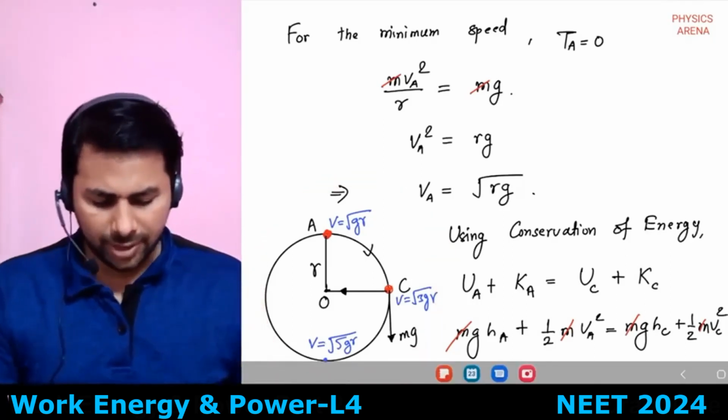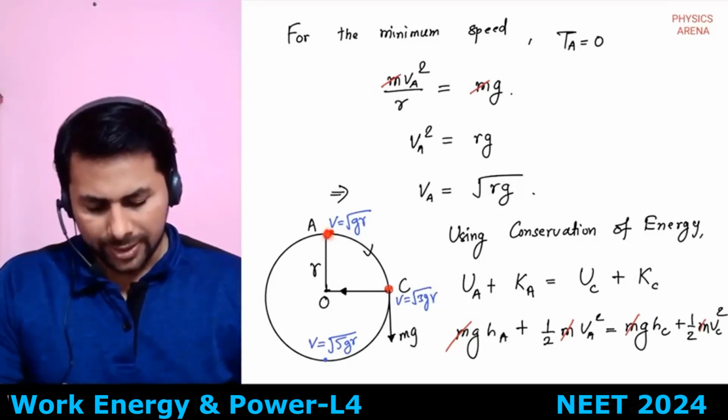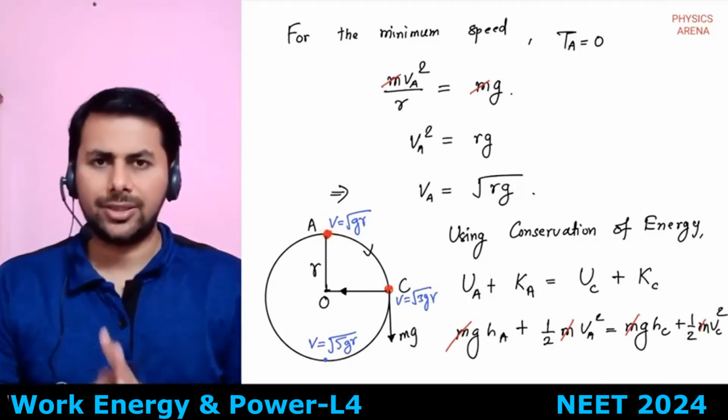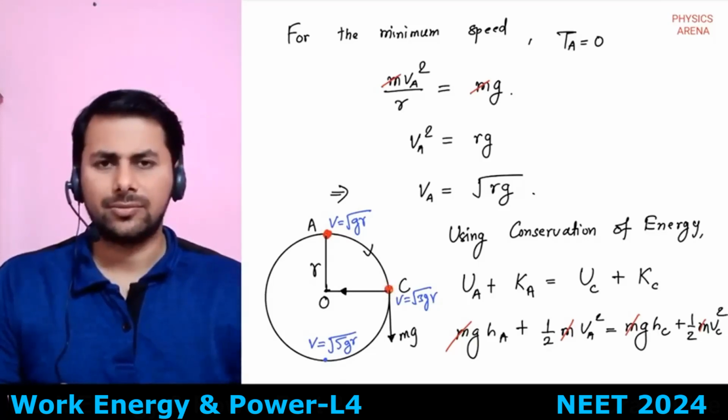And then now we can find out the tension in the string also. So at this point we consider tension is 0. What will be the tension in the string at this point? Can you tell me?